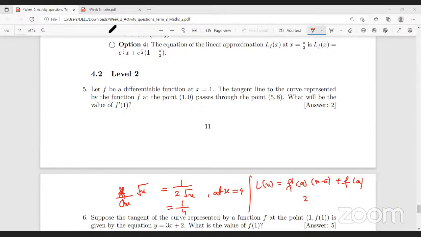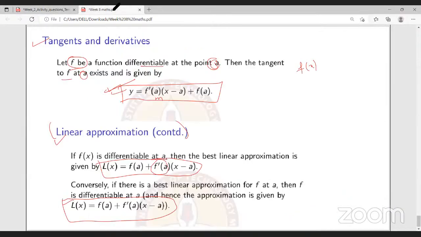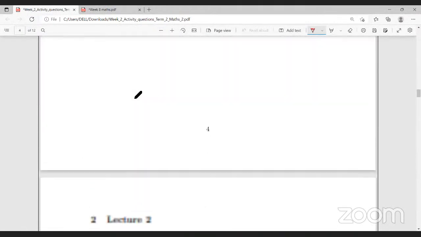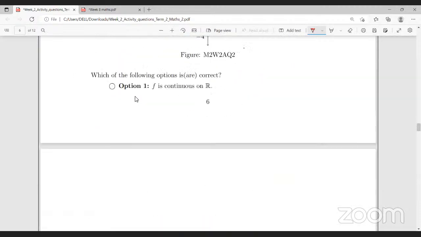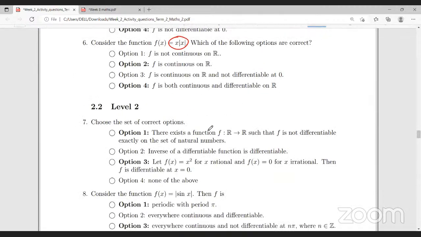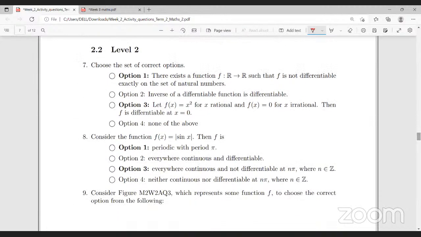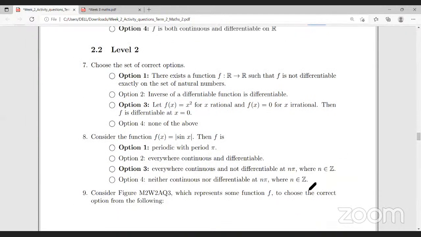Activity 8.2, question number 8. This is the mod of sine function, right? So what is the graph of x first?